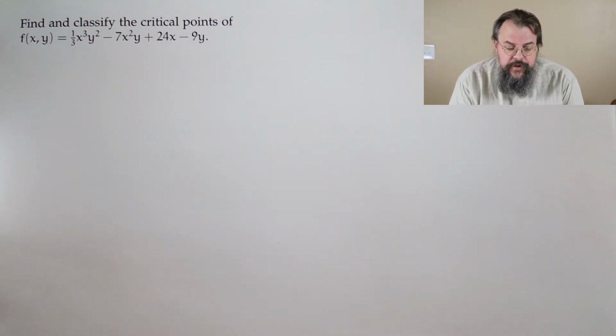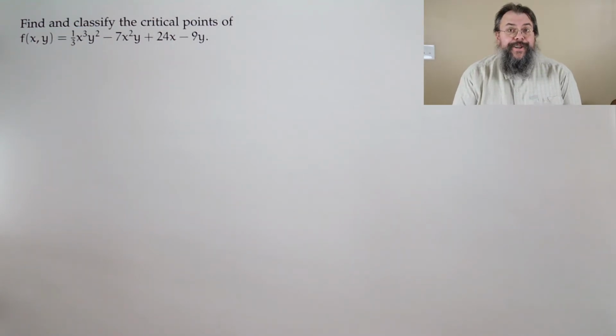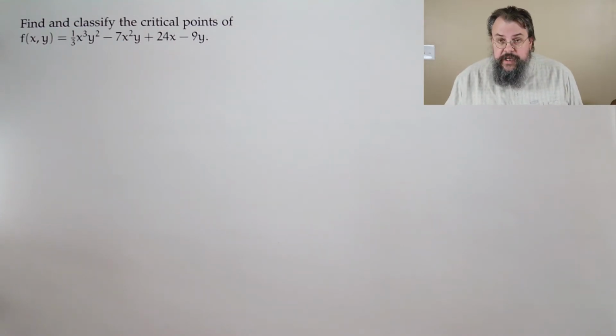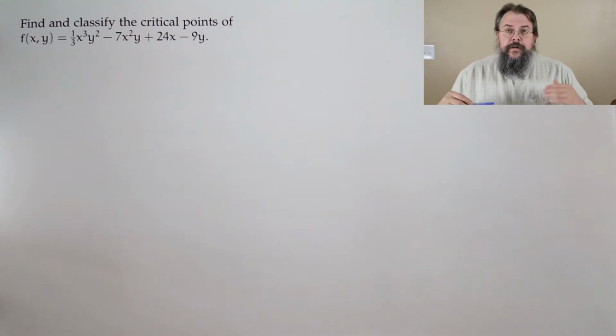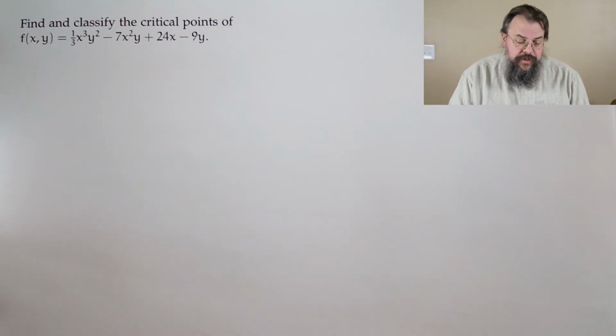Find and classify the critical points of the function 1/3 x cubed y squared minus 7x squared y plus 24x minus 9y. Oh, I think this one's going to be interesting. Well, let's begin. So, same process. Take the partial derivatives, set them equal to 0, and start solving.